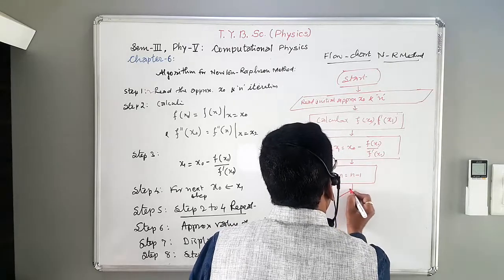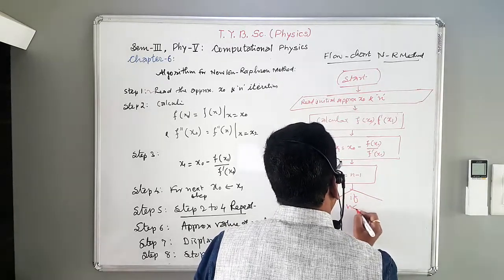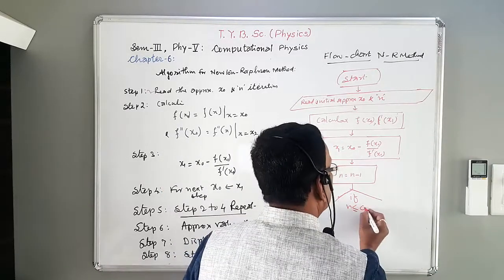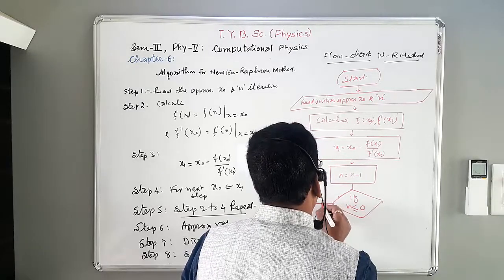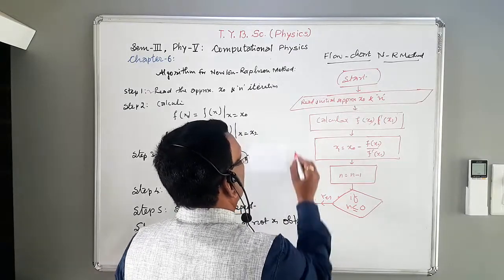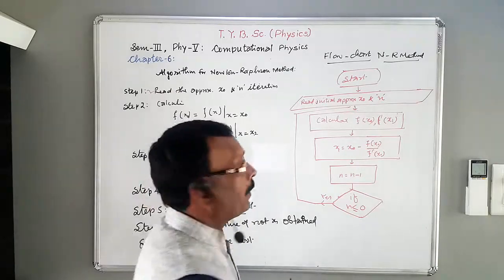Then take the decision: if n is less than or equal to 0, if yes, then go to this step.